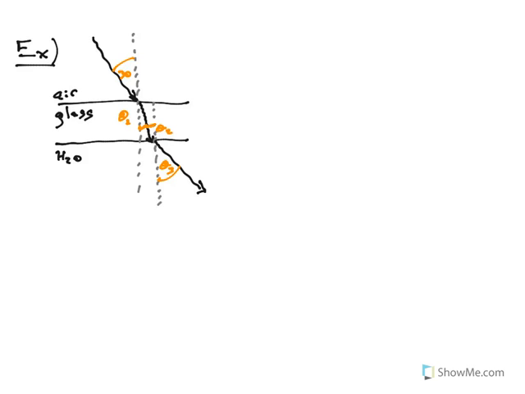And I want to know, find theta 3. What's the angle of the light in the water? How do I solve a problem like this? More complicated, double layer style of problem.